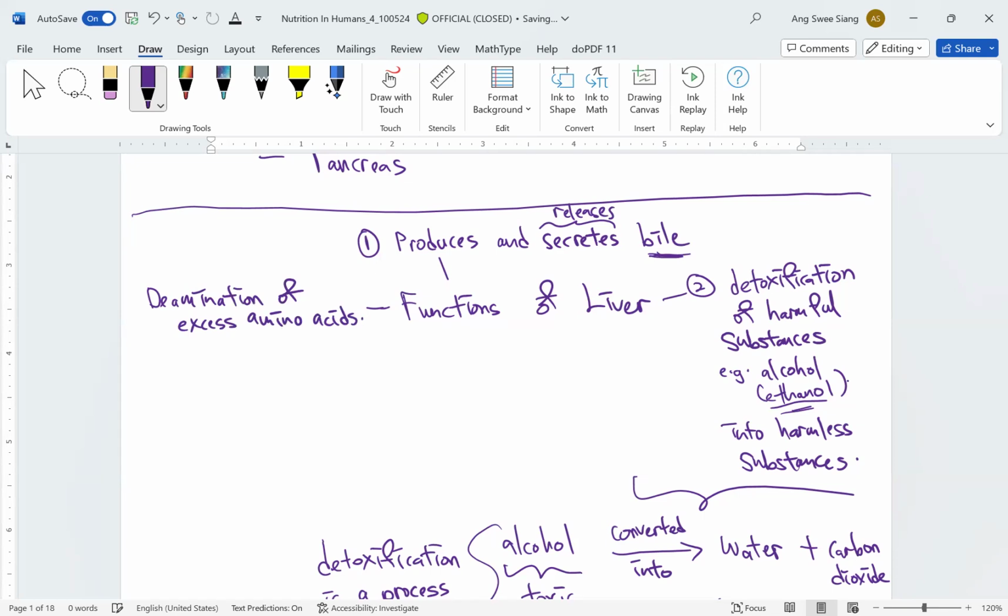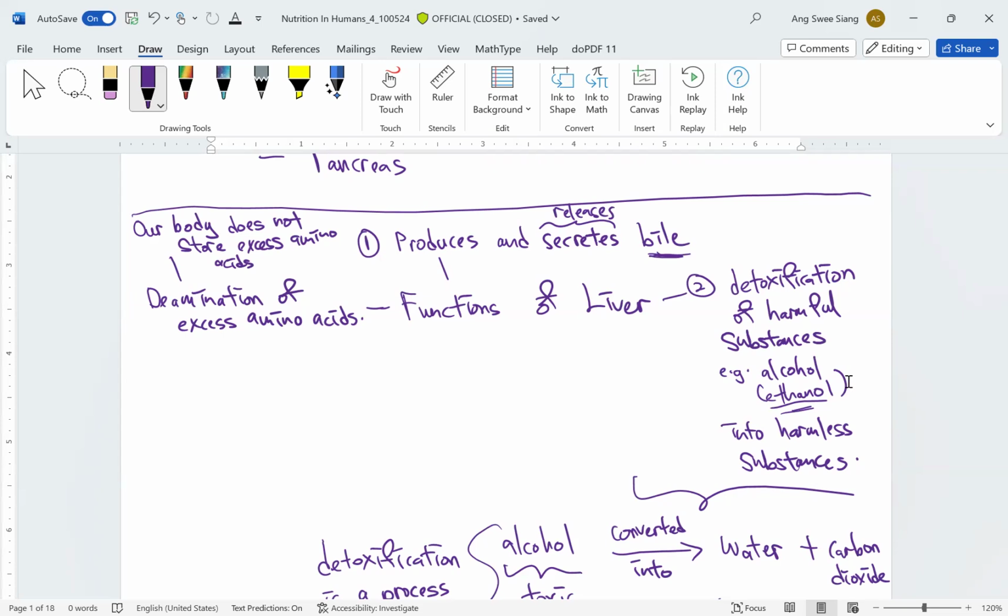Now, the first concept that I want you to remember, our body does not store excess amino acid. So in the event we eat a lot of proteins, and these proteins are digested into amino acids, then these amino acids are absorbed into the blood in the small intestine.